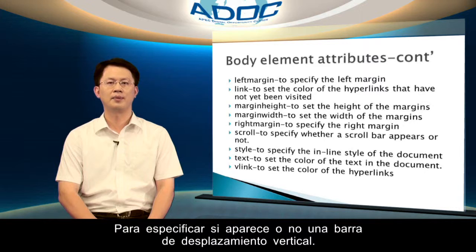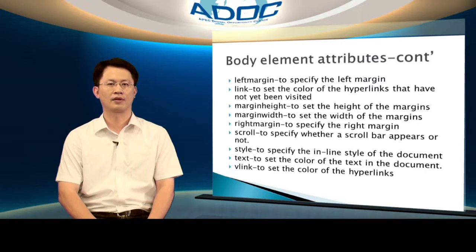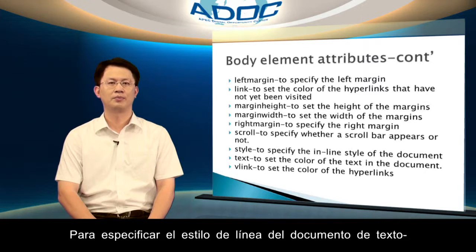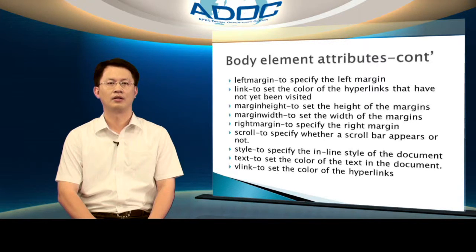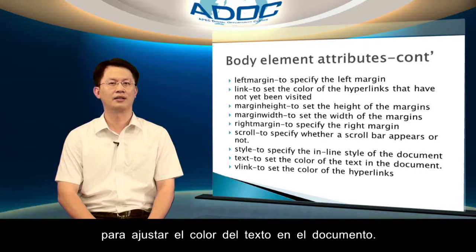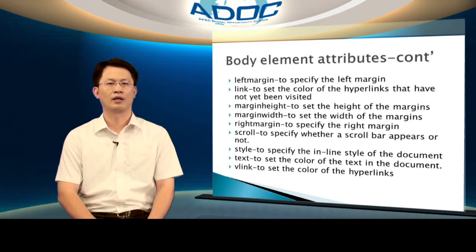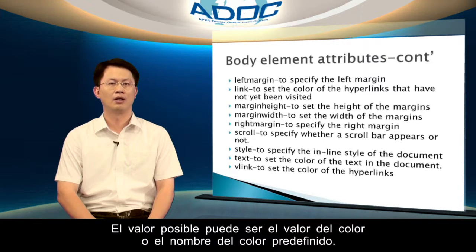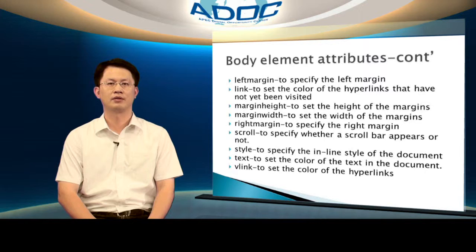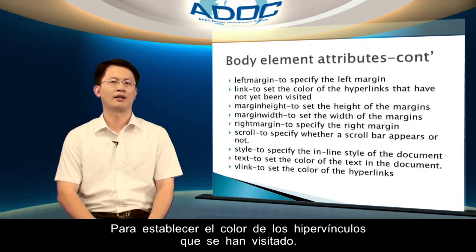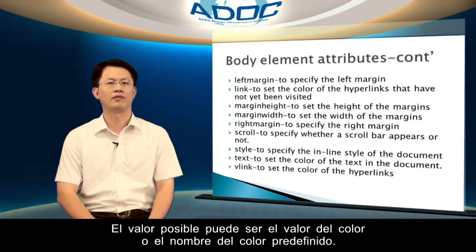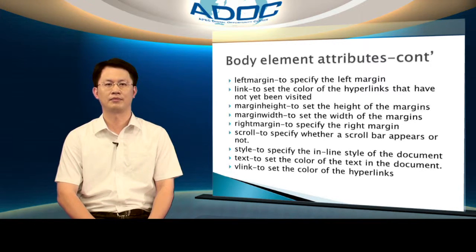Scroll, to specify whether a vertical scroll bar appears or not. Style, to specify the inline style of the document text. Text, to set the color of the text in the document. Possible value can be the color value or the predefined color name. And Vlink, to set the color of the hyperlinks that have been visited. Possible value can be the color value or the predefined color name.